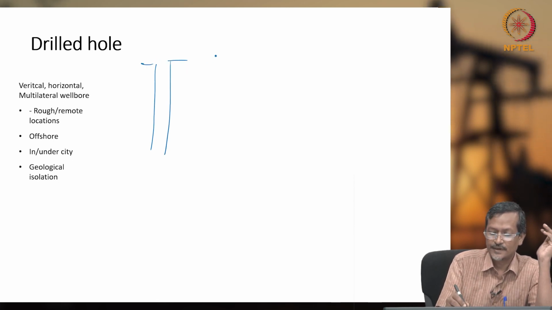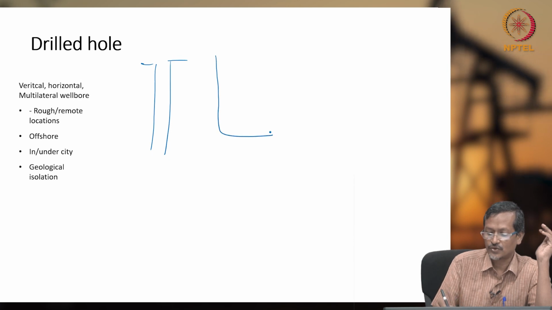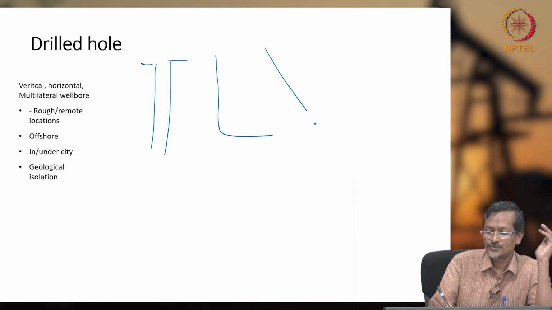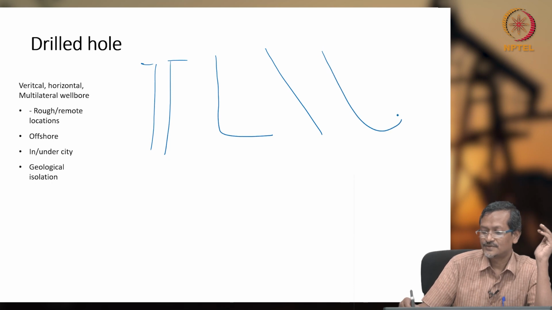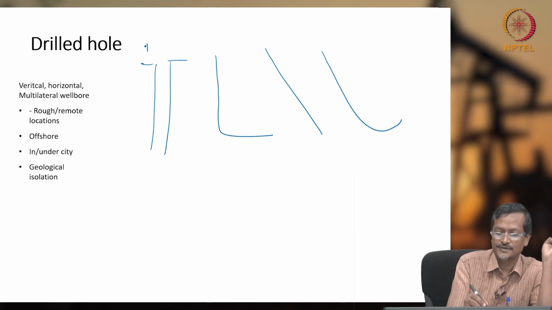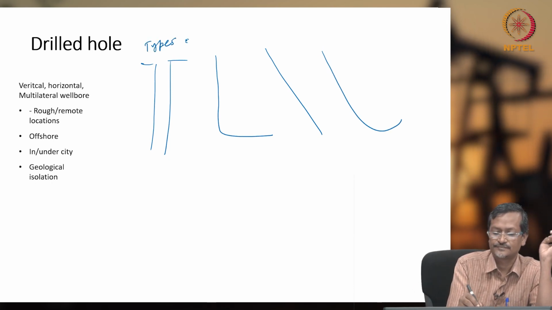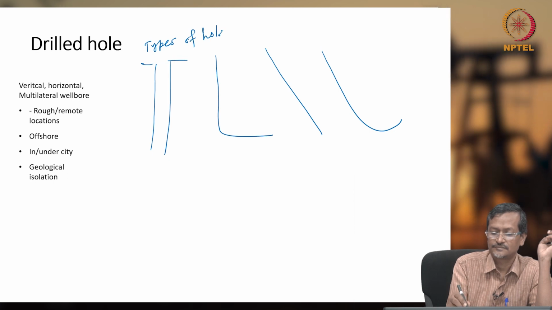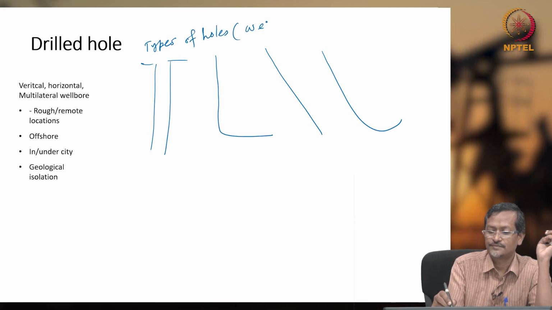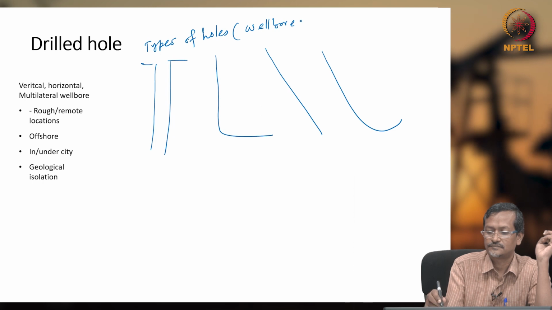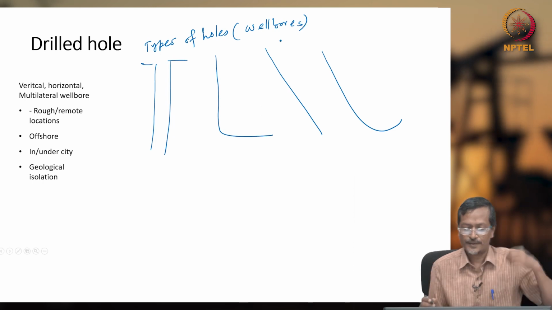Another possibility is that you drill vertically and then go horizontal, or go slanted. So different types of holes, or wellbores, are there.